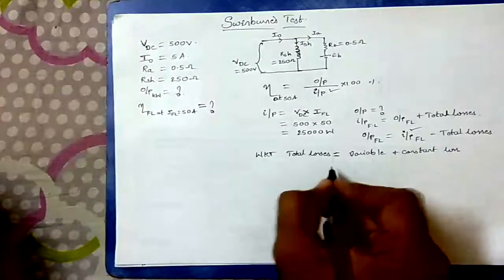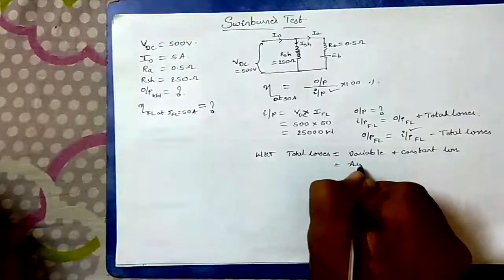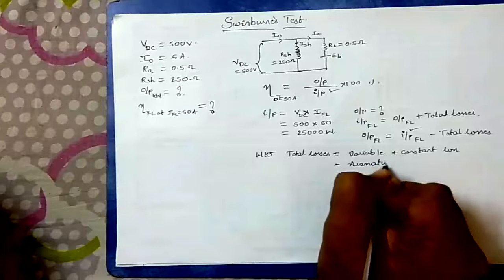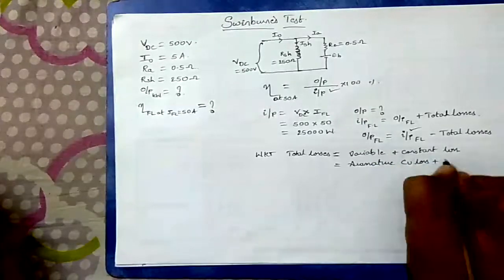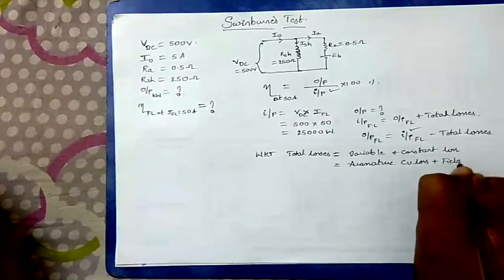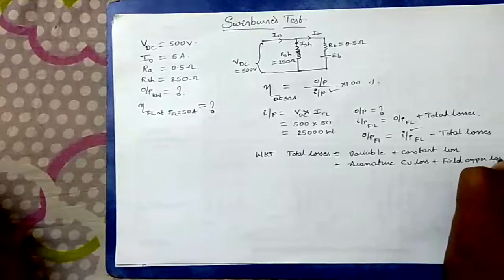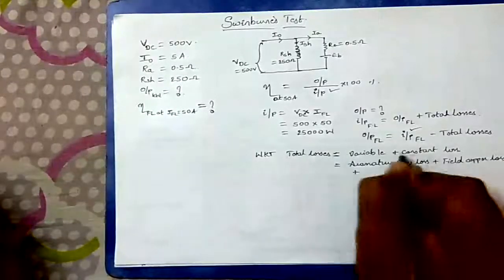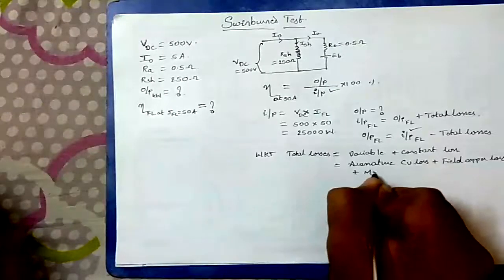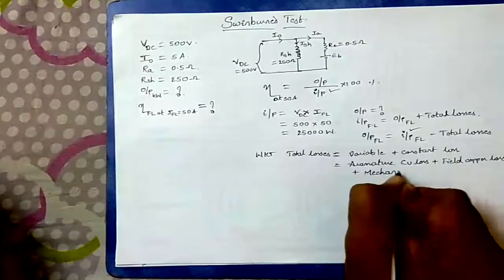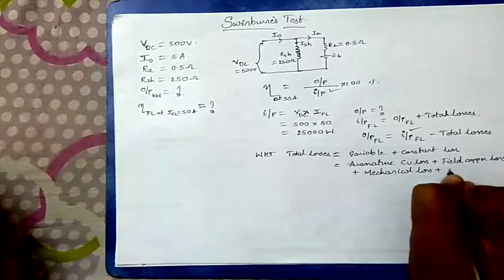Variable loss includes armature copper loss plus field copper loss, and constant loss includes mechanical losses as well as iron loss.